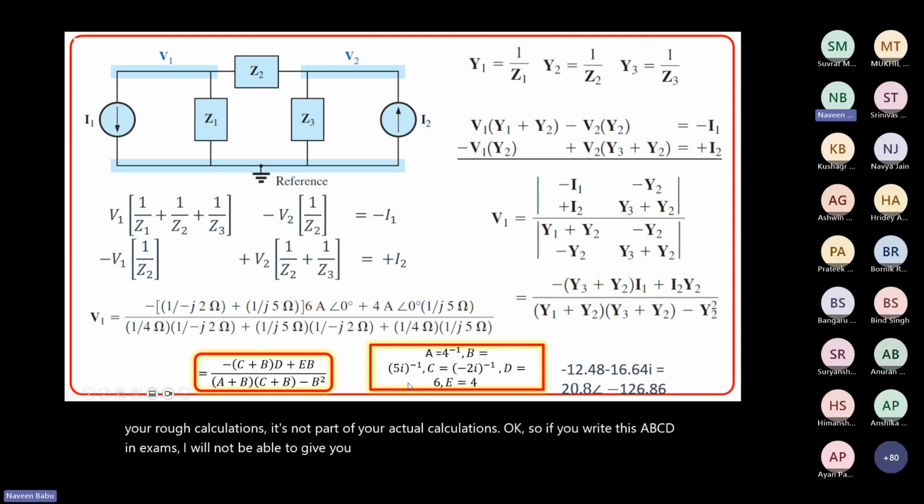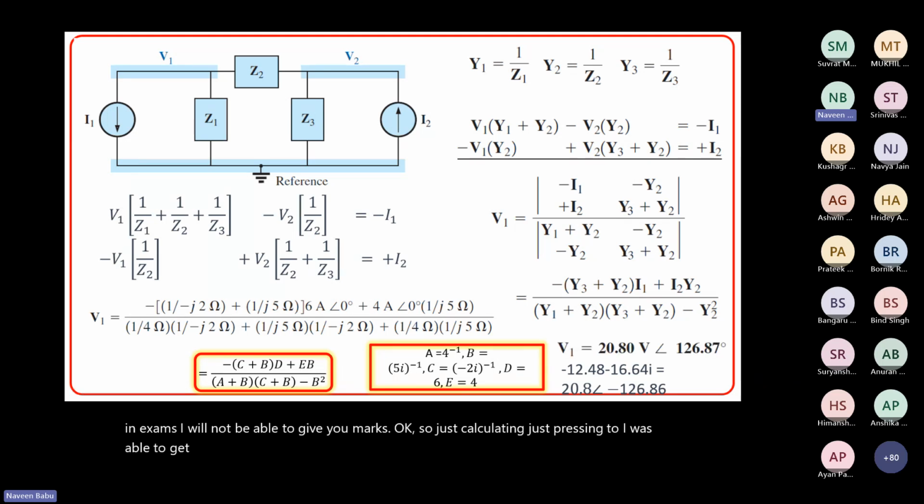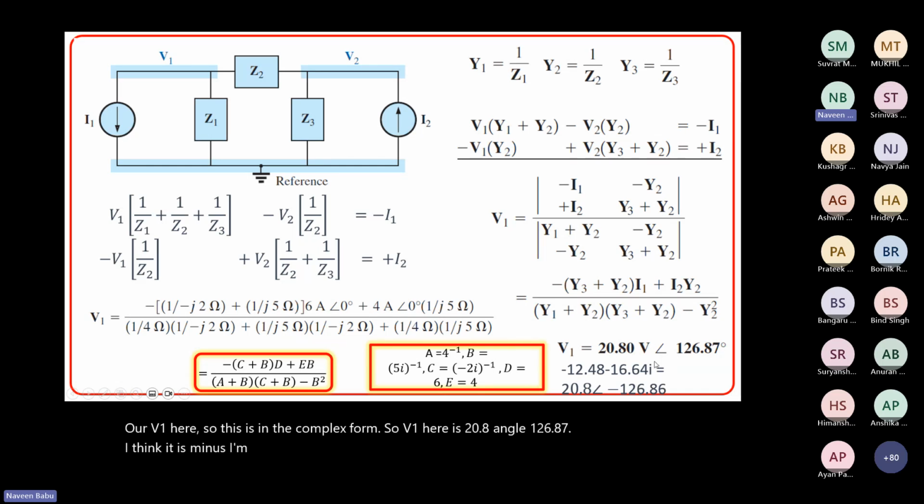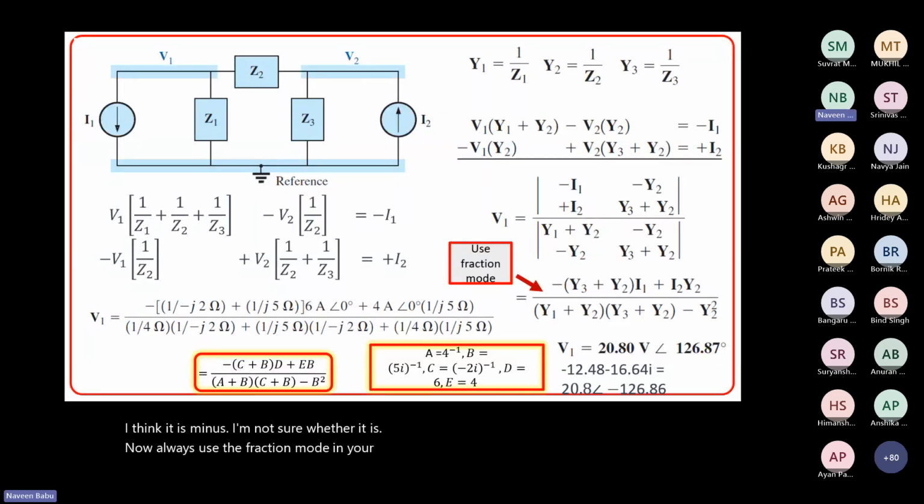Just pressing equal to, I was able to get this. So our V1 here is in the complex form: 20.8 angle 126.87. I'm not sure whether it is plus or minus. Now, always use the fraction mode in your calculators. This was computed using the fraction mode.